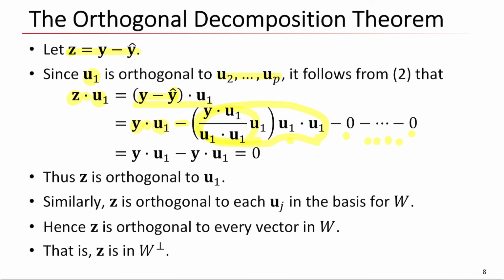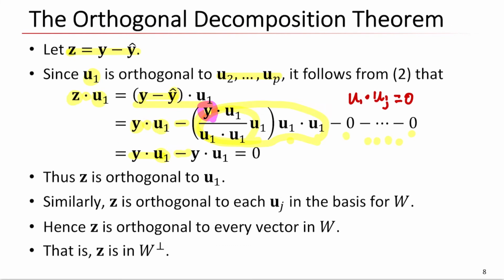Why? Because u1 inner product uj, where j is not equal to 1, is equal to 0. Okay, and then y inner product u1 minus this term. So y is here, right?